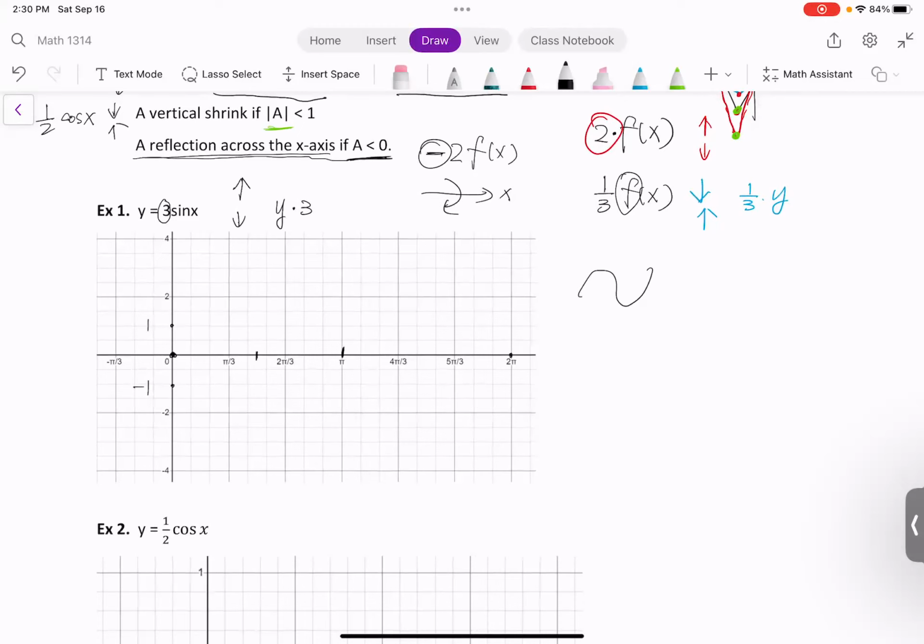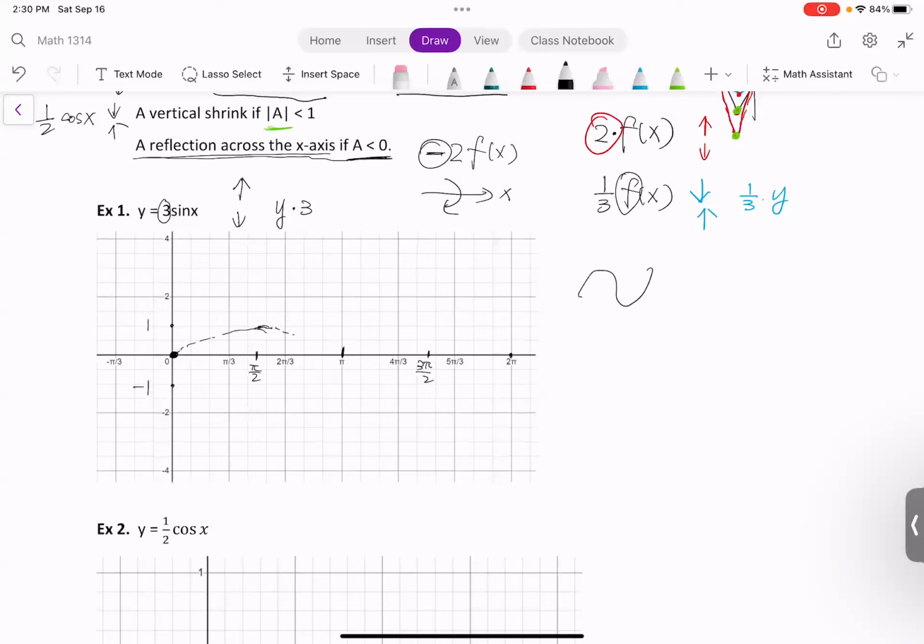So we have these key points: pi over 2, pi, 3 pi over 2. The first key point is 0, 0. The second key point is pi over 2, 1. Next key point. So let me graph it.